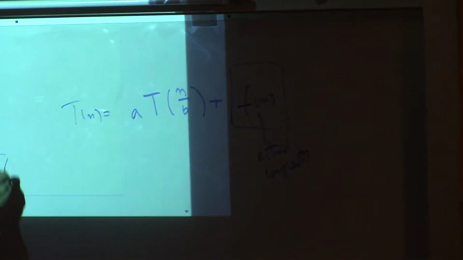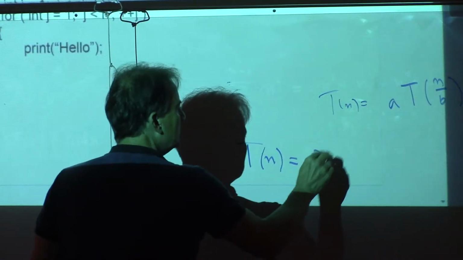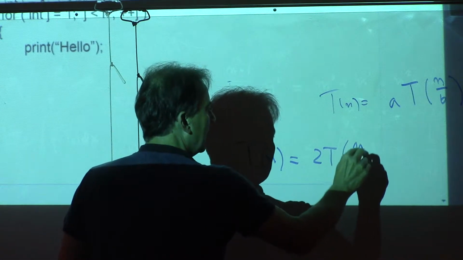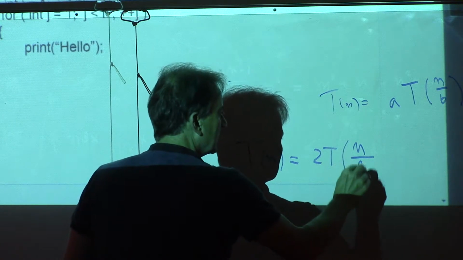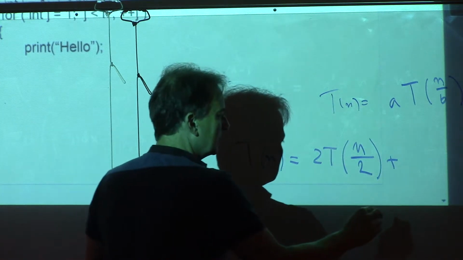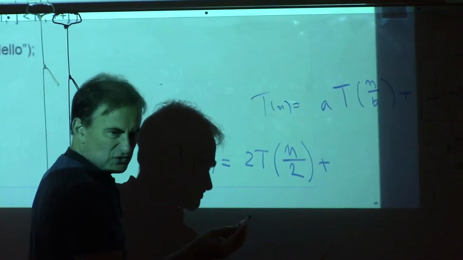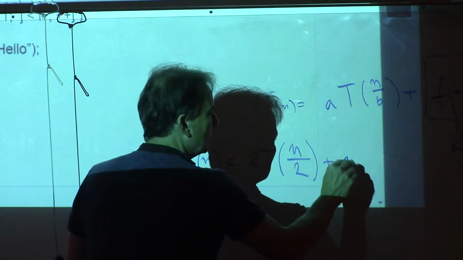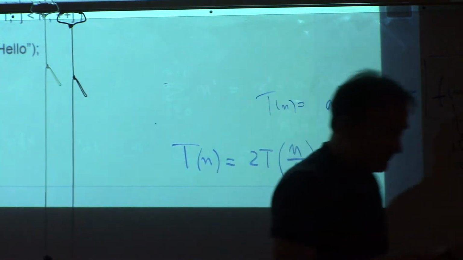In the case of merge sort, we had T of n is equal to 2T of n over 2 plus n, where n was the actual complexity of merging.